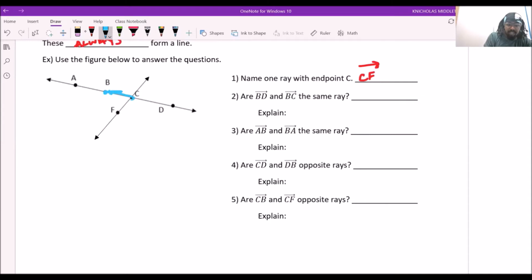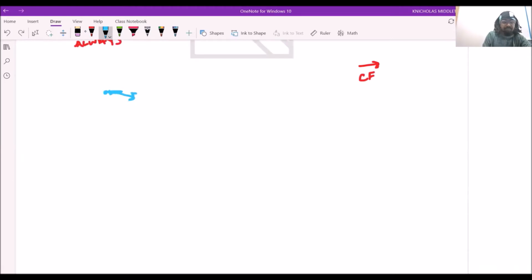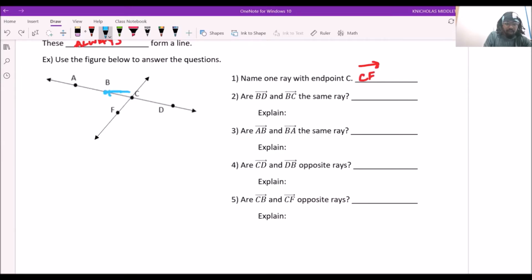BC seems like it stops here, but it continues on forever. That's what this arrow means. And as it continues on forever, we continue on through D and all the other things that are on this line. So are BD and BC the same ray? Yeah, they are.